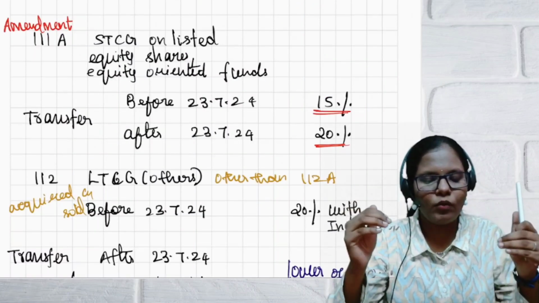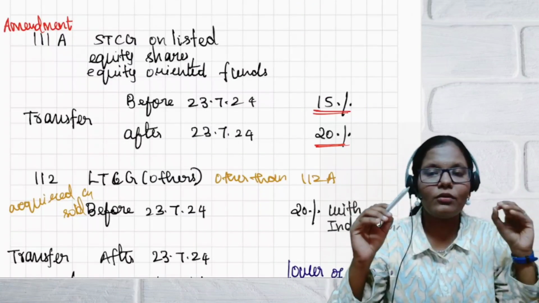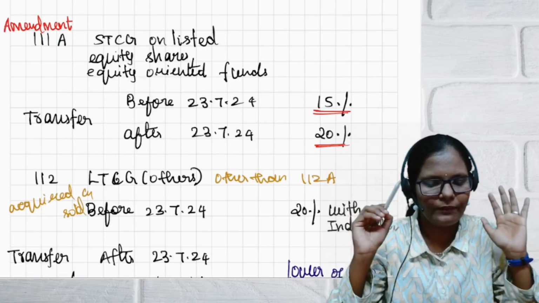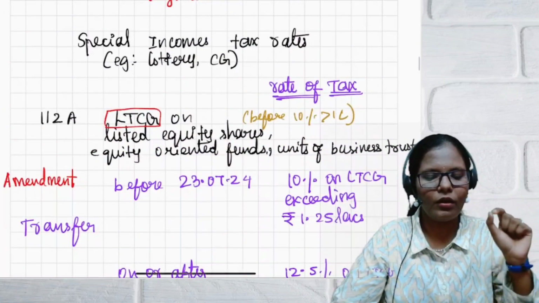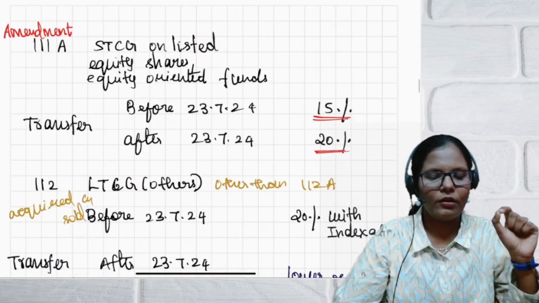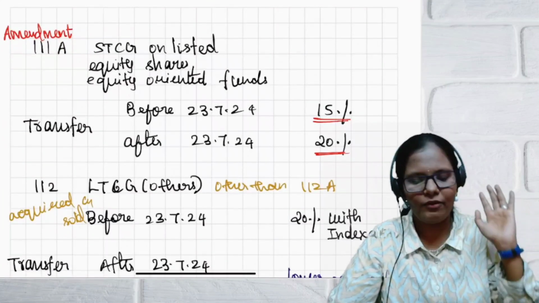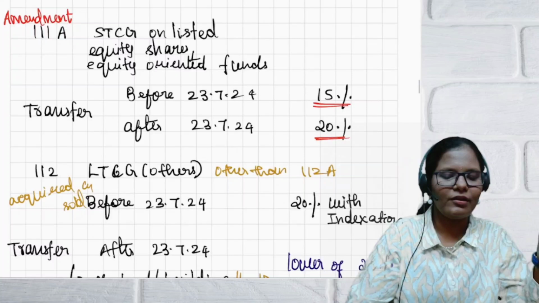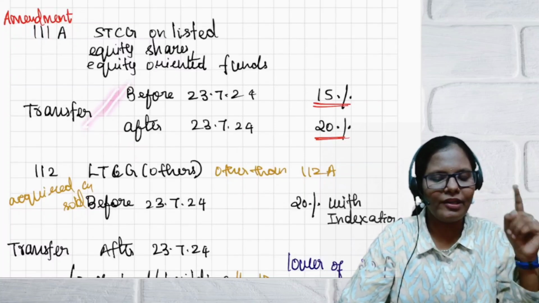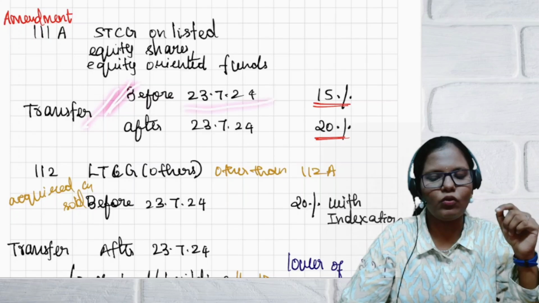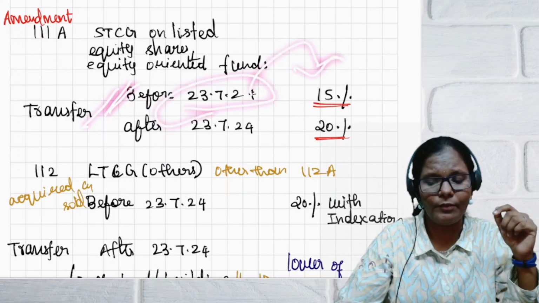Then section 111A, this is short term capital gain on listed equity shares. Previously we saw 112A, long term capital gain. Now short term capital gain on listed equity shares. This is also classified as transfer before, transfer after. If you transfer your asset before 23/7/2024, then your tax will be 15%.